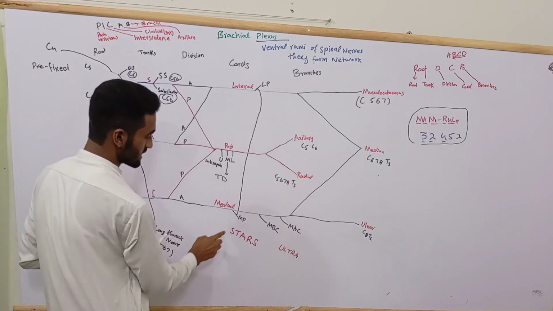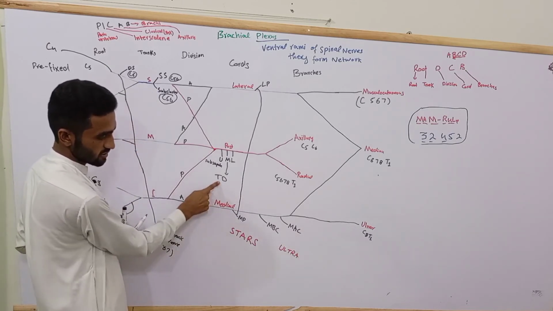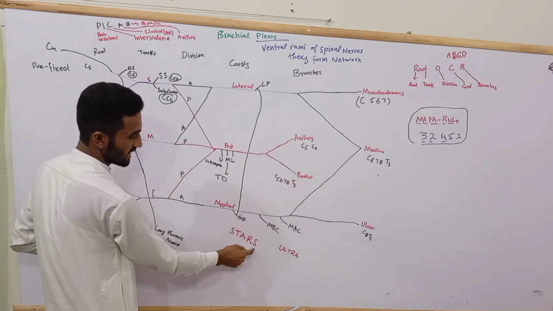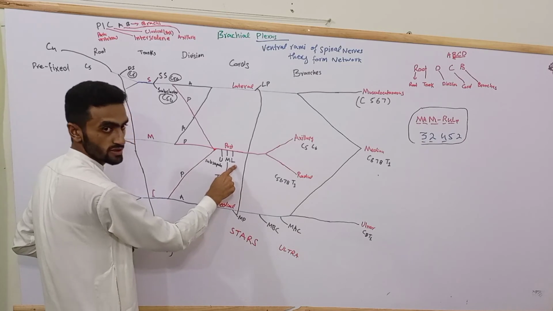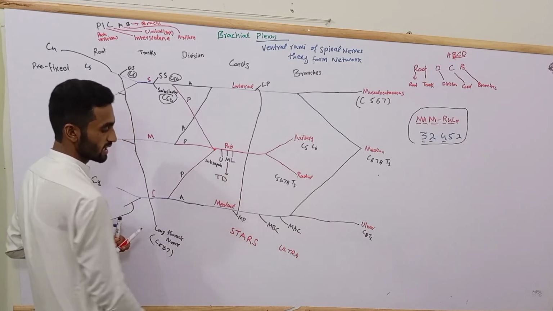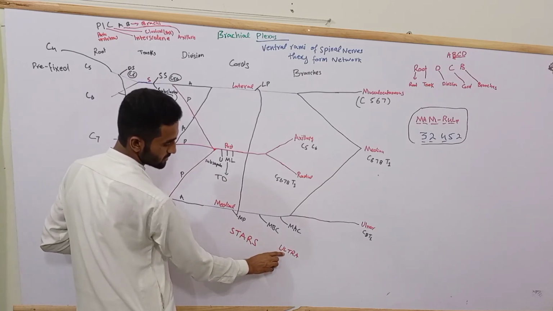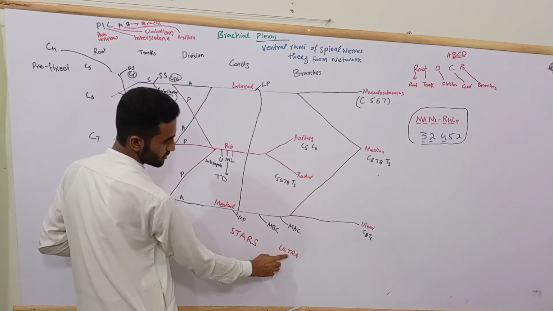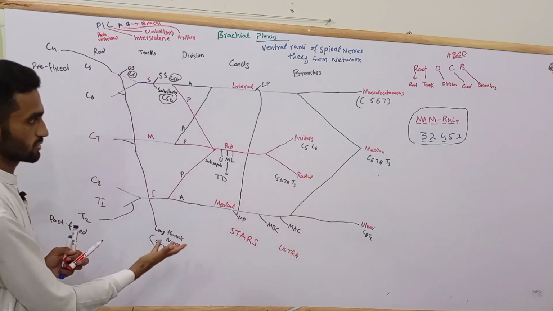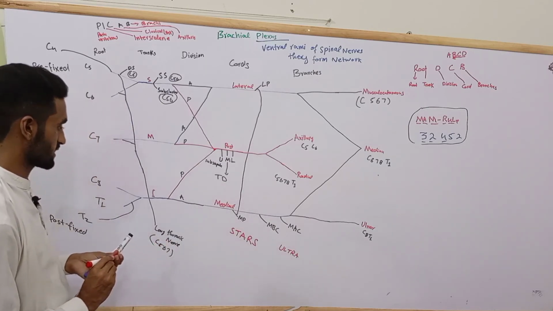S represents subscapular, T represents thoracodorsal, A represents axillary, R represents radial, and the other S represents the other subscapular, which is the lower. This is the upper subscapular, this is the lower. A represents the axillary nerve, sorry. So these are the mnemonics for that.